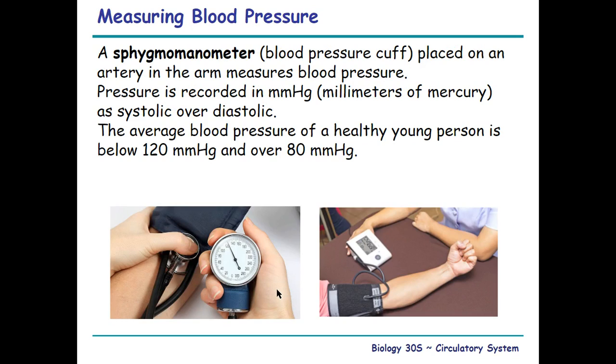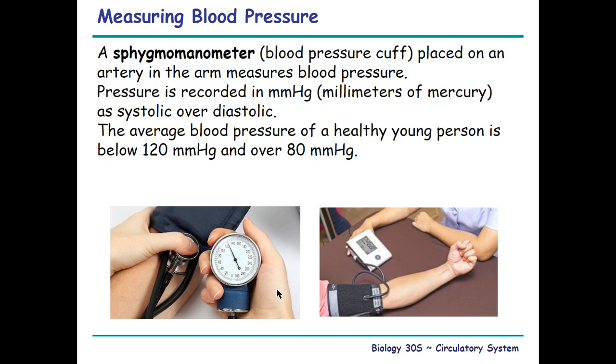So measuring blood pressure, we have something called a sphygmomanometer. Okay, so that is pronounced sphygmomanometer. And this is a blood pressure cuff. This is placed on the artery in the arm and measures blood pressure.